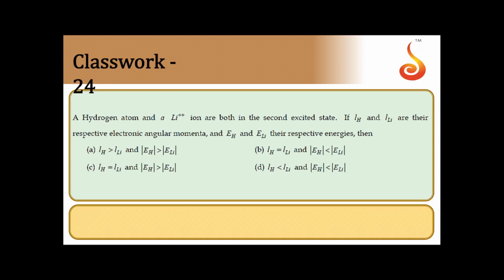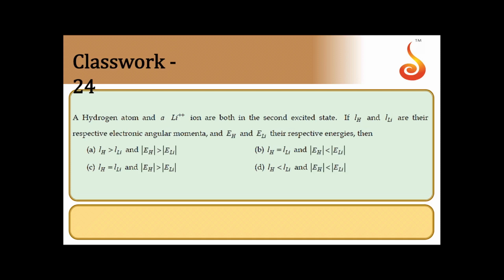Shall move on to next one. A hydrogen atom and a lithium 2 plus ion are both in second excited state. If LH and LLi are their respective electronic angular momenta and EH and ELi are their respective energies, then what is the relation between them?